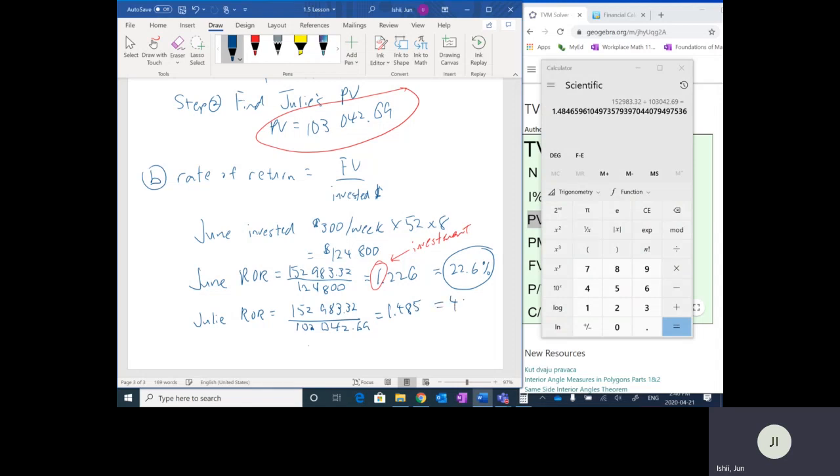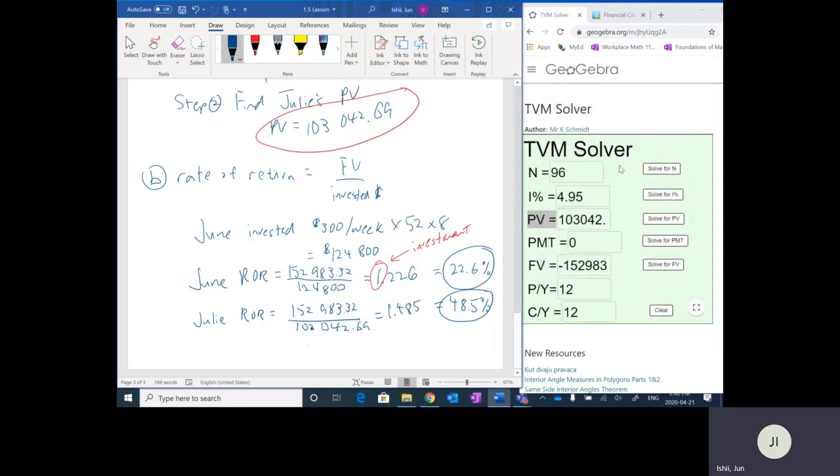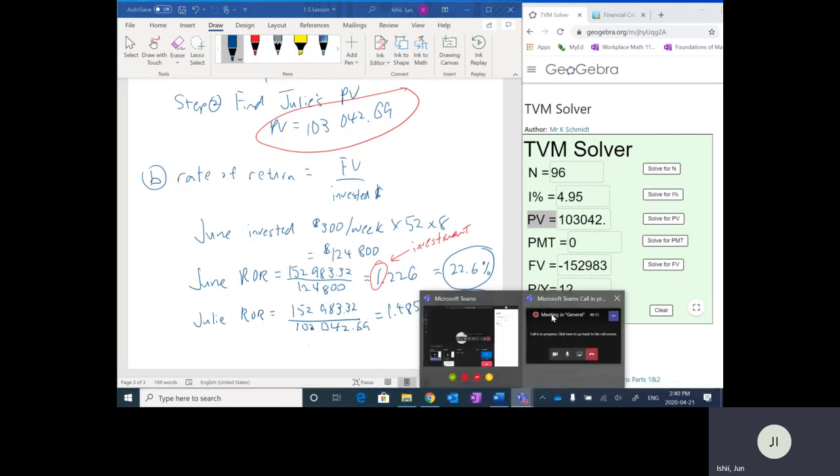That would be 48.5% rate of return. So those are your two rates of return. This is a different version of the TVM solver. Actually, this is the same interface as what's within the graphing calculators. Hopefully that made sense.